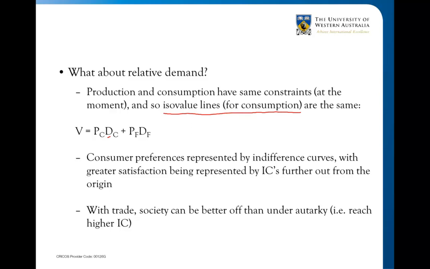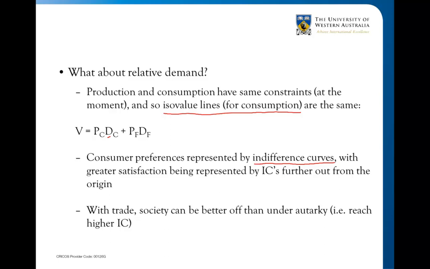You can think of these as our budget constraints. If you think back to second year micro, for example, we've got our indifference curve model. We've got our indifference curves that represent satisfaction, and we've got our budget constraint, which reflects both the prices of the goods and our available income to spend.